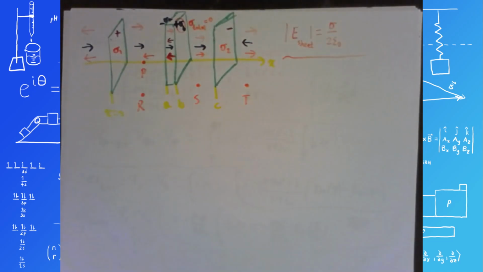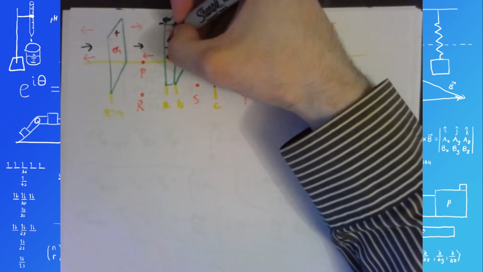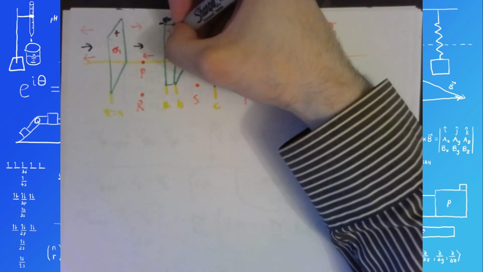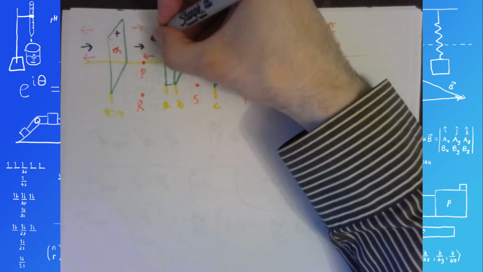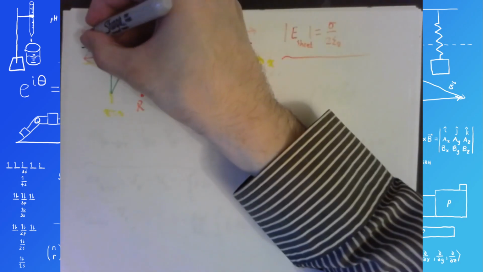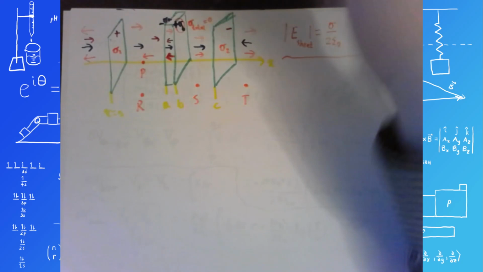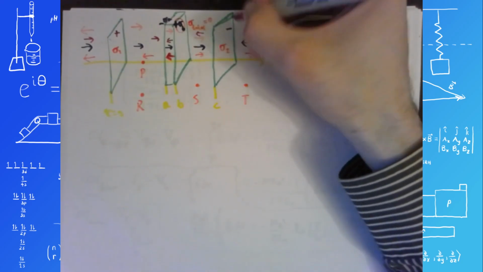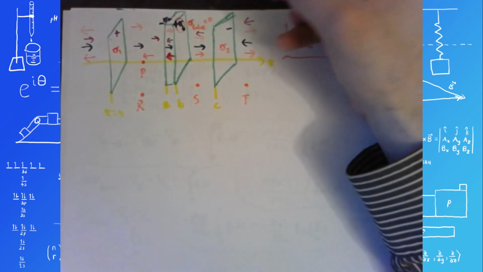So that is sigma b. For sigma a, I'll continue with this burgundy color. So sigma a is left on the inside of the conductor, right over here, and right over here, and left over here, and left over there.